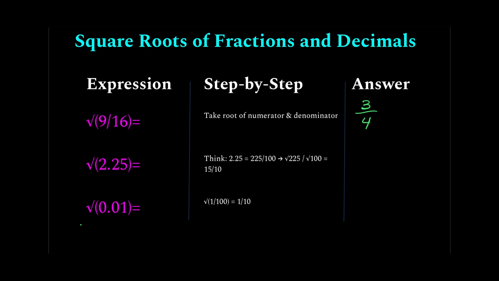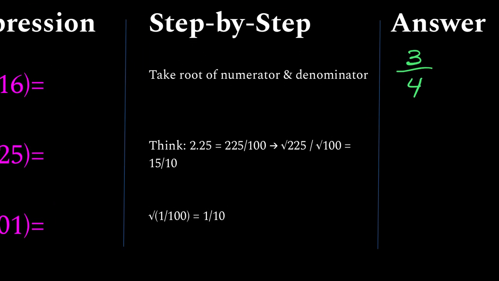All right, let's move on to the square root of a decimal number. We can see here 2.25. We learned how to rewrite a decimal as a fraction, so it will be 225 over 100. We learned before that when it's a fraction, we find the square root of the numerator and denominator.